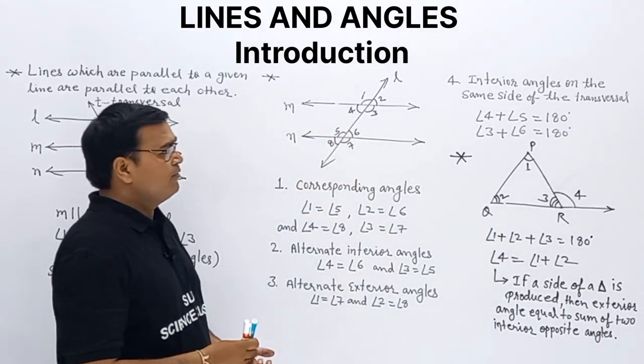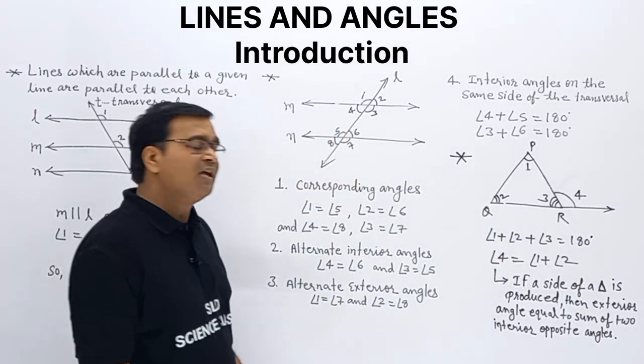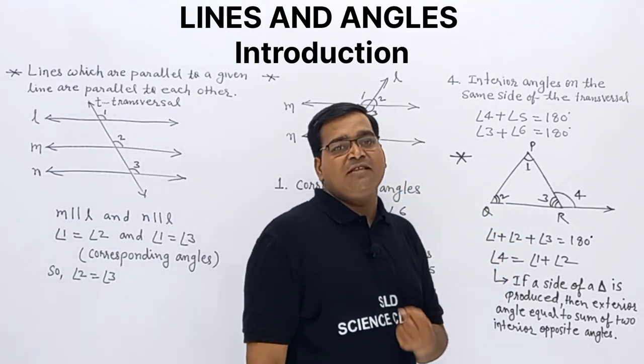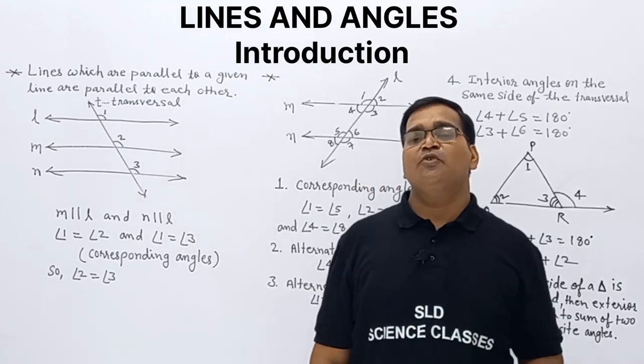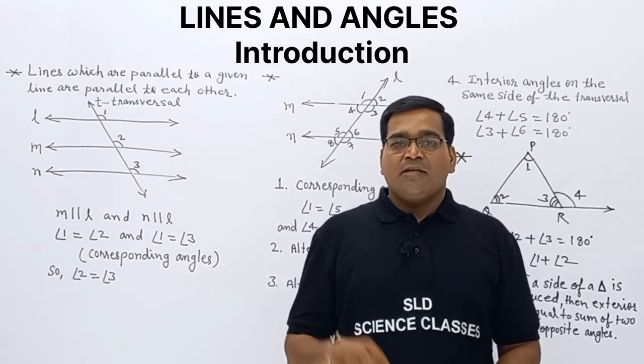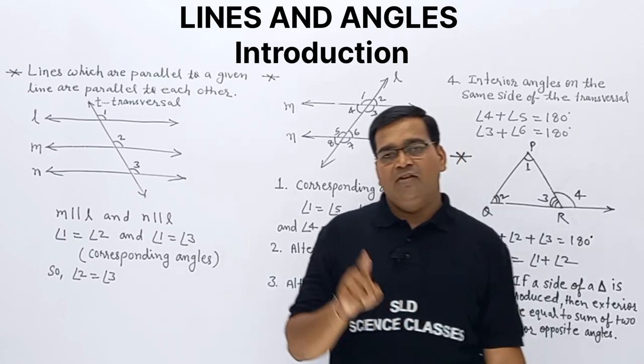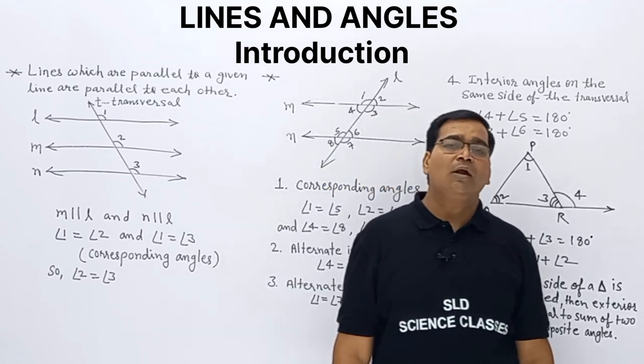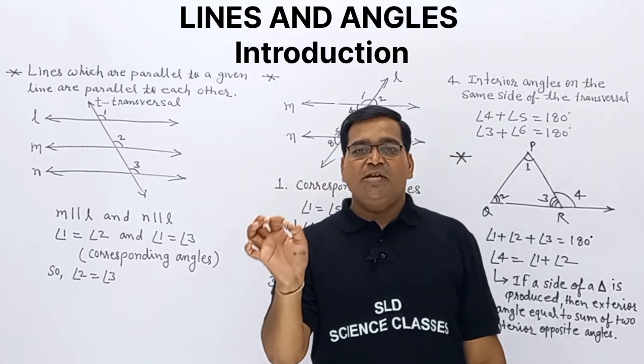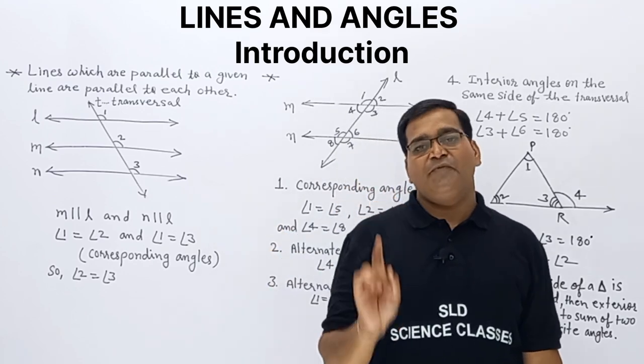So what we are discussing is the basic introductory class for lines and angles. Exercise 6.1 we completed, and that exercise is based on vertically opposite angles and linear pair of angles.